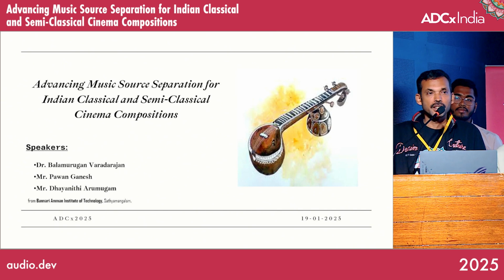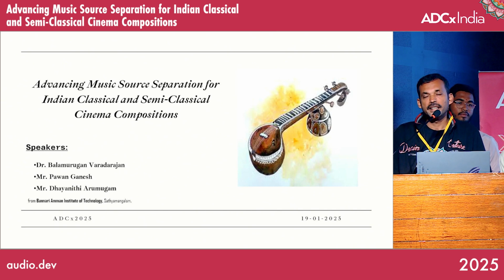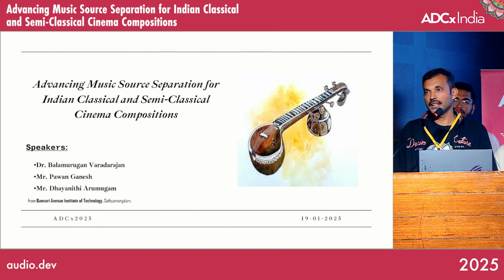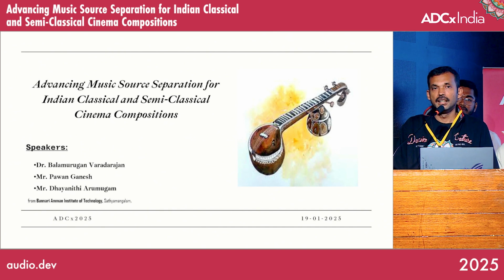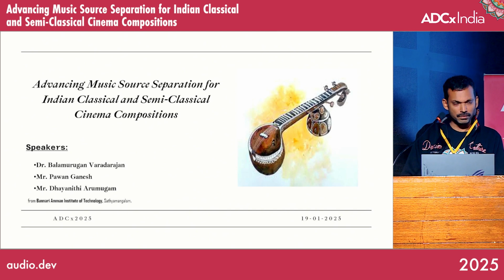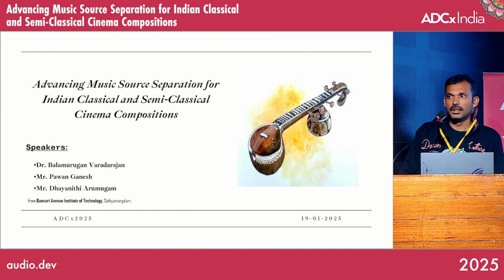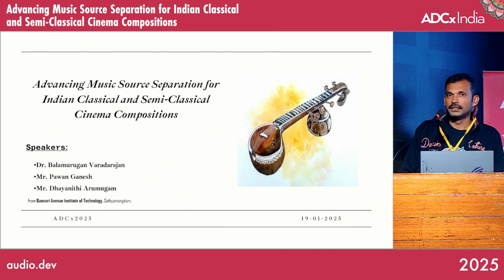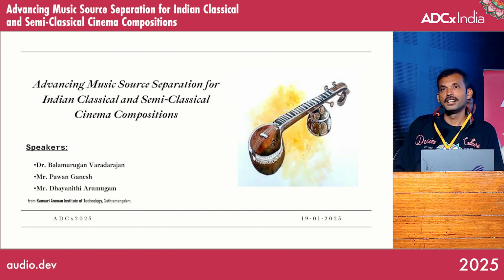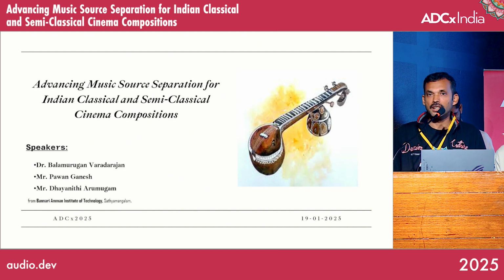Let's go into the source separation model that we have applied for Indian classical music and semi-classical cinema compositions. Here I'll be showing only some open source classical compositions that have been published in the Saraga dataset, a very famous dataset from the MTG group of Spain.